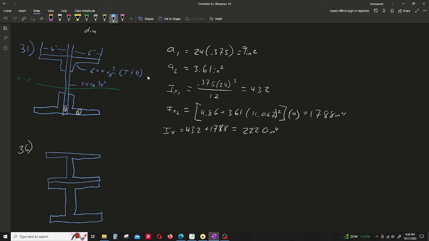So essentially it looks like this, and this is a W 8 by 40. Got a XX, got a YY.